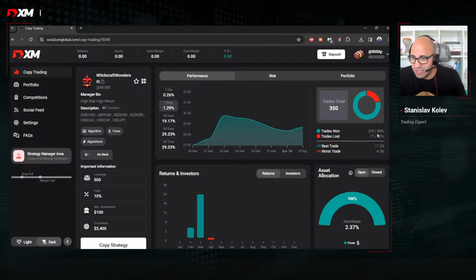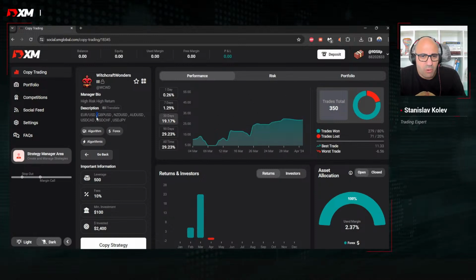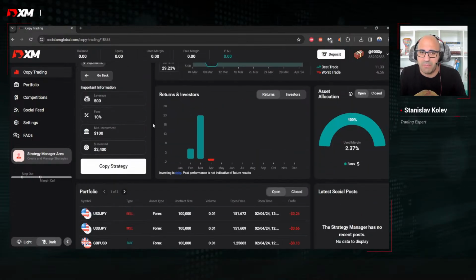We also are anticipating winning trades 80%, losing trades 20%, and on all time performance, we started with a little drawdown, but this person seems like he's making money. He's trading mostly currencies, which I can say for a retiree probably will be the best thing. Minimum investment requirement is $100, fees is 10%, and leverage is 1 to 500.